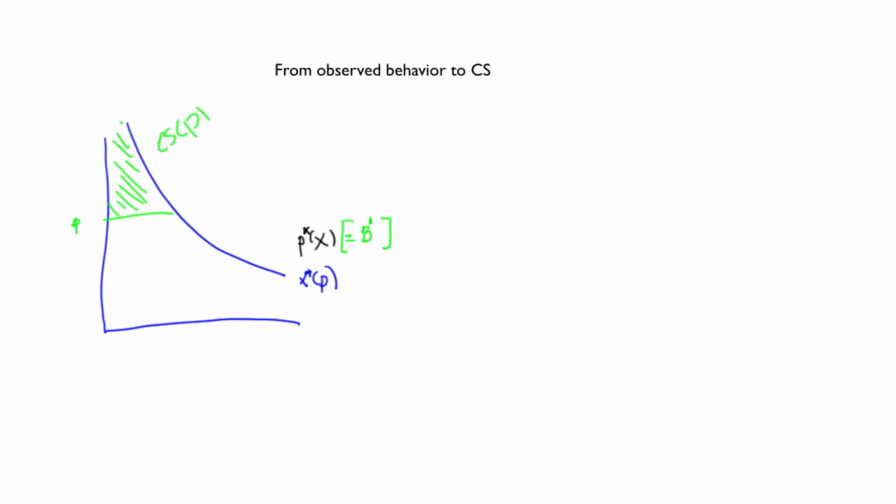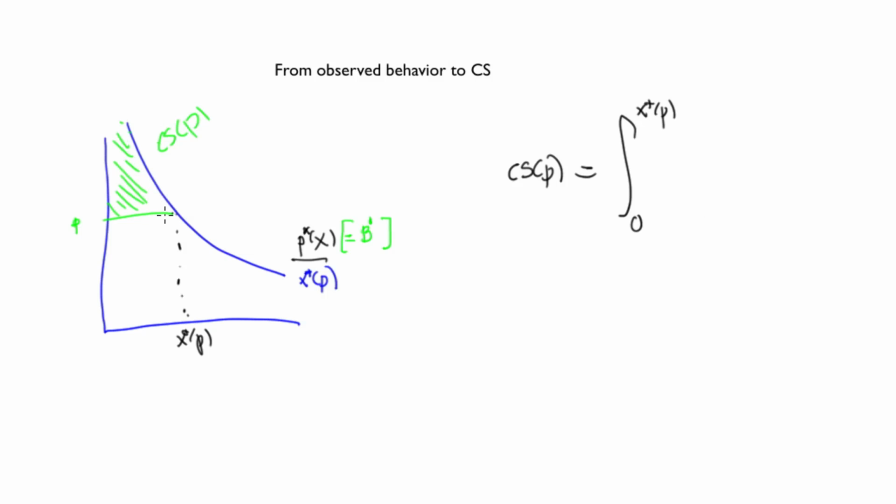Now the question is, how do we estimate that without knowing what the benefit function is, the marginal benefit function, because we don't know the experience utility function? I hope that you're seeing that once you know this, the problem is straightforward, because the consumer surplus of P can be written as the integral, remember this is X star of P, from 0 to X star of P of what?